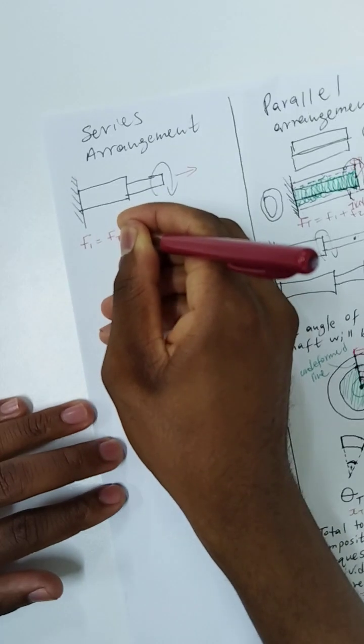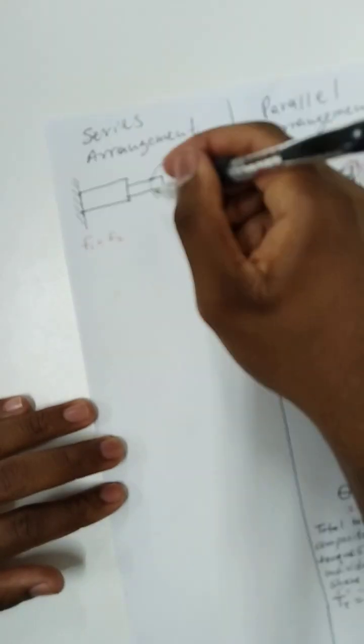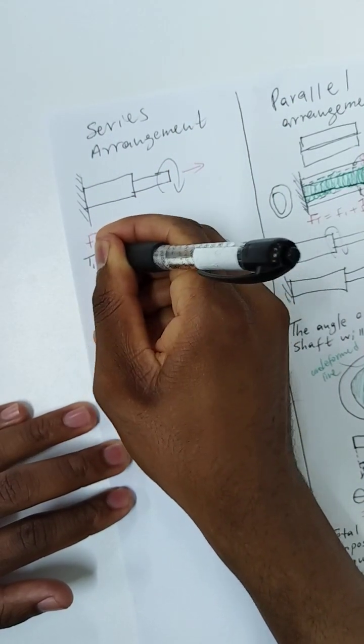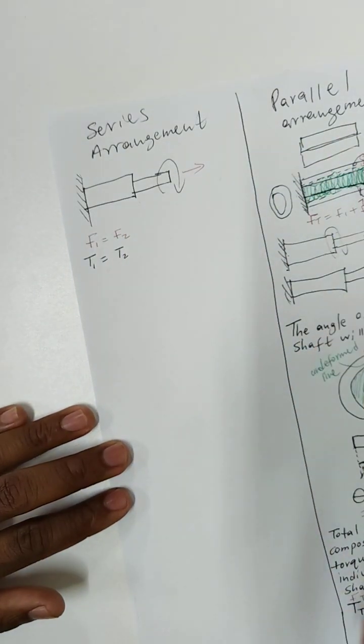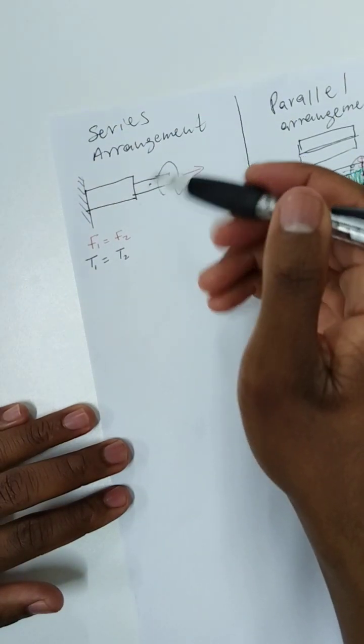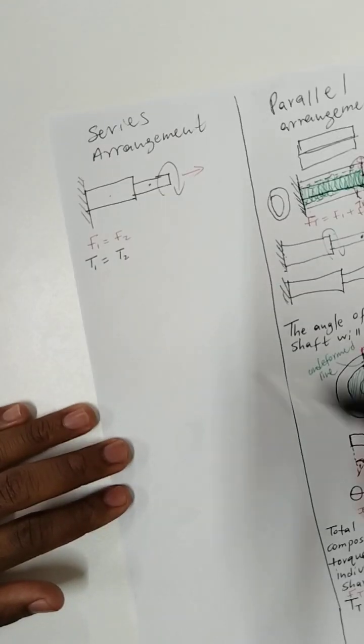We used to say F1 equals F2, but in this case of applying the torque like this, we'll say T1 equals T2. So the torque transmitted by this will be equal to the torque transmitted by this.